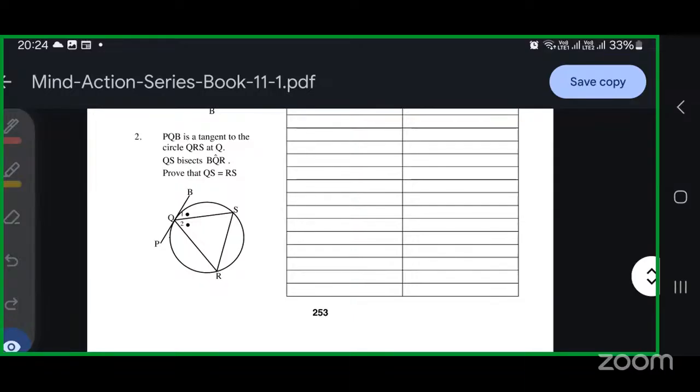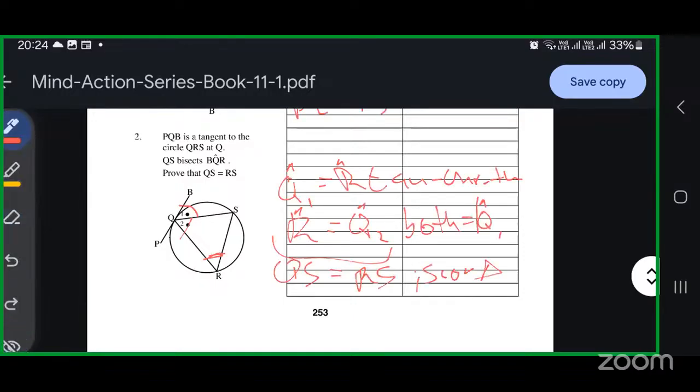Q1 is going to be equal to R. Okay, 100% correct, my brother. I agree to that.